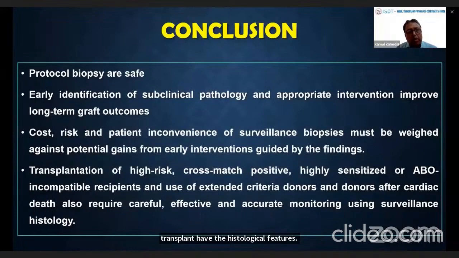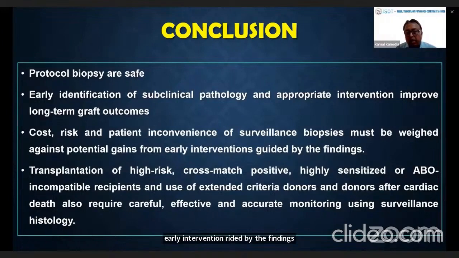So in conclusion, protocol biopsies are safe. Early identification of subclinical pathology and appropriate intervention improve long-term graft outcomes. The cost, risk, and patient inconvenience of surveillance biopsy must be weighed against the potential gains from early intervention guided by the findings.